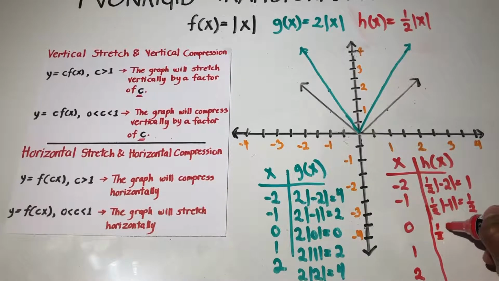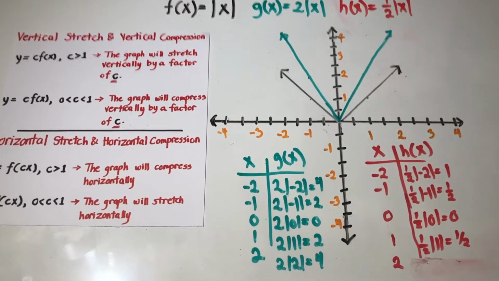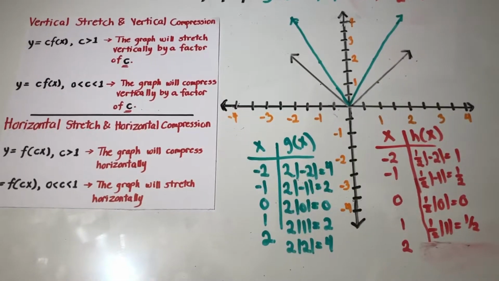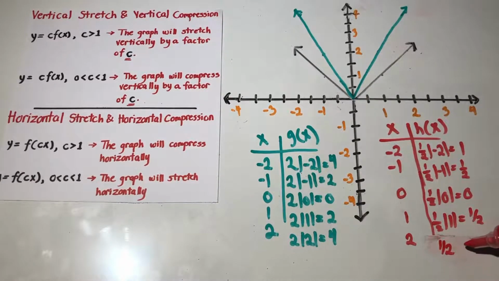So half times 0 is just going to give us 0. And then half times the absolute value of 1, that's just going to give us half. I keep running out of space here. Then half times the absolute value of 2, that's just going to give us 1.